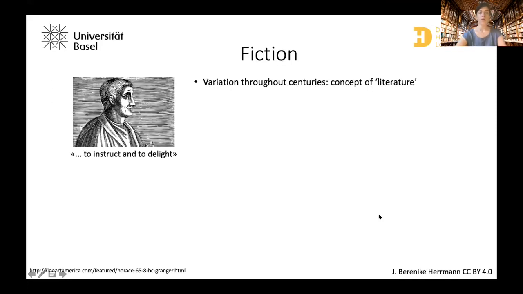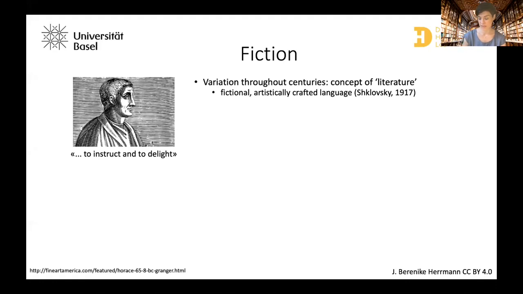Now, of course, there's a lot of variation throughout the centuries ever since Horace's first definition, both in the functions of fiction and in the very concept of fiction or of literature. For example, at the beginning of the 20th century, there was a strong view of fiction as artistically crafted language.